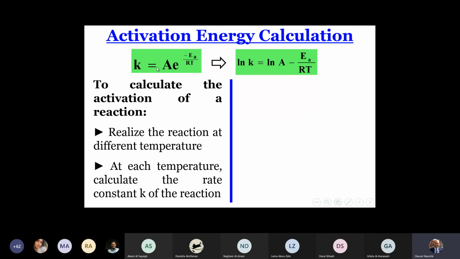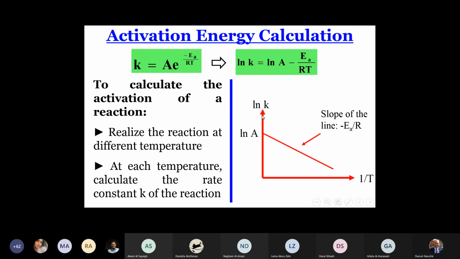But pay attention, in all experiments, A and EA are the same, since you have the same type of reaction. So you have a table of the variation of K as a function of the temperature. Draw ln K as a function of 1 over T. You will obtain a straight line, and the slope of the line is equal to minus EA divided by R. So you can calculate the slope of the line.